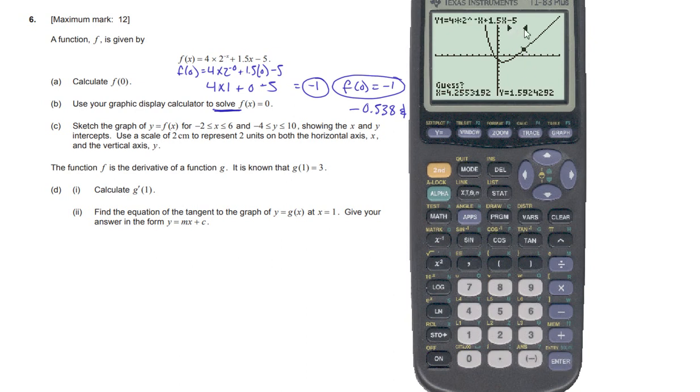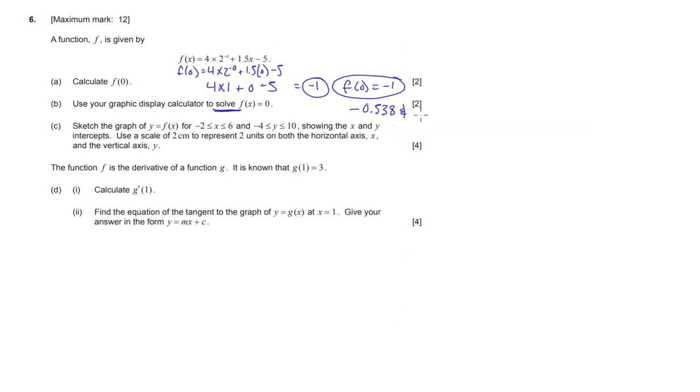Then these two little arrows find when this thing crosses the x-axis. Basically it's looking for a sign change. So we push enter, and that gives us x equals 3. So negative 0.538 and 3 are our two solutions. They just want to know what the x's are.